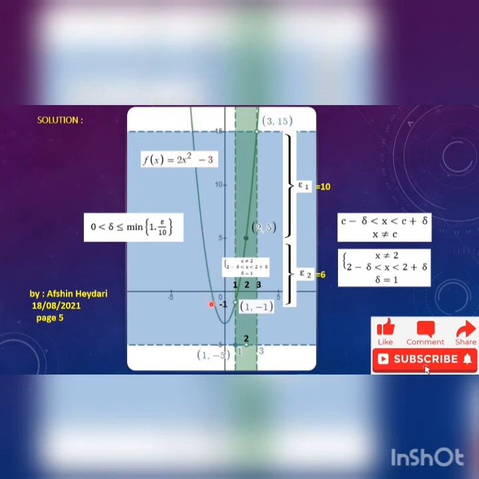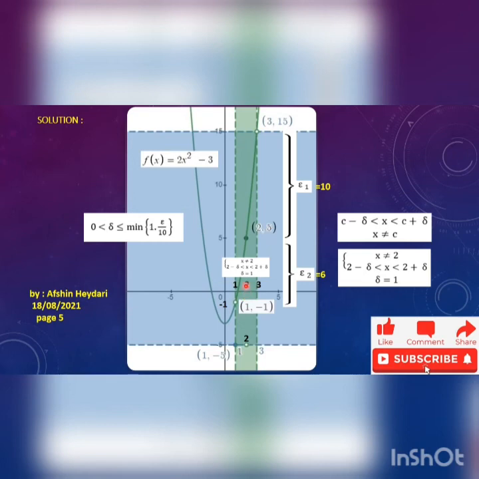This is the graph of this function, and about the limit, this is c. X approaches 2, and the answer of the limit will be 5.